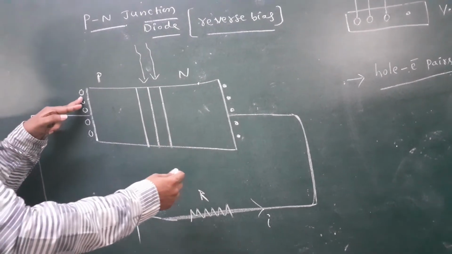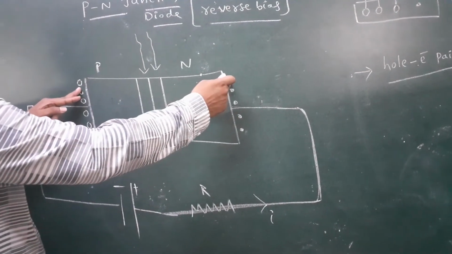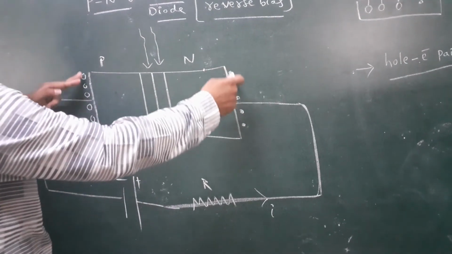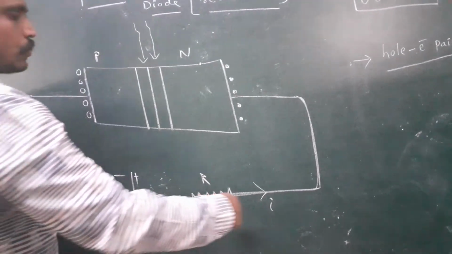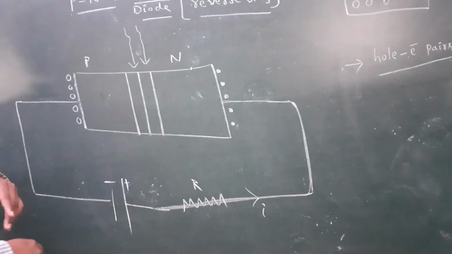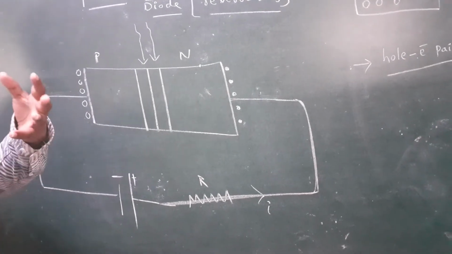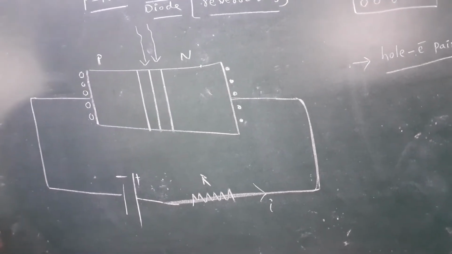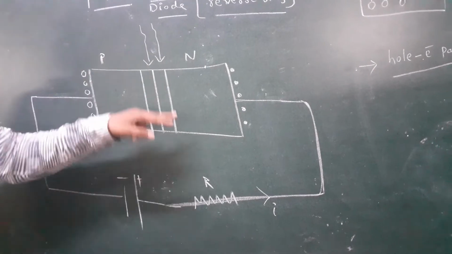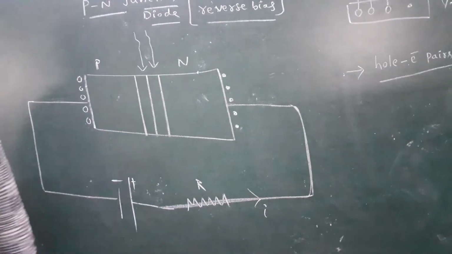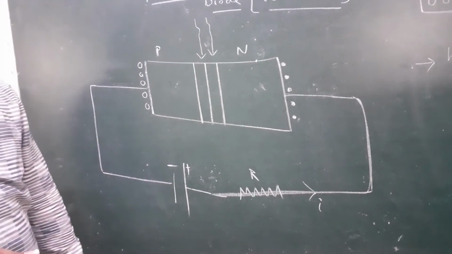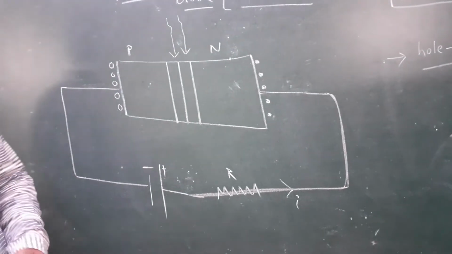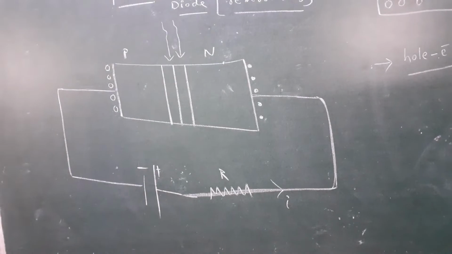Hole is a positive charge, electron is a negative charge, so a potential difference is created. Because the circuit is closed, current flows because of the potential difference. That means light energy is converted into electrical energy. Photodiodes are generally used in cameras, in light flash.